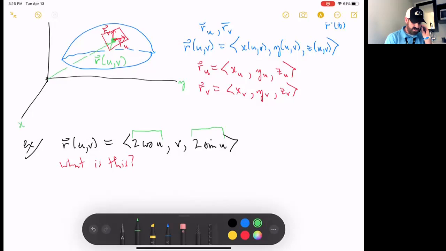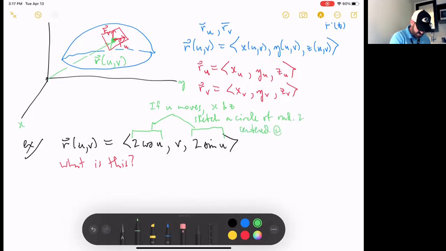So if u moves, the x and z sketch a circle of radius 2 centered at the origin.